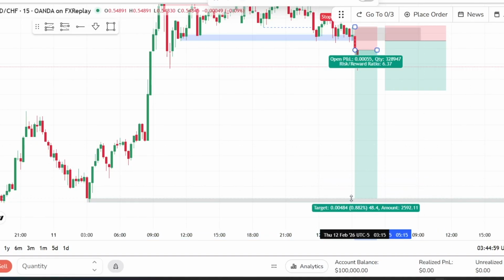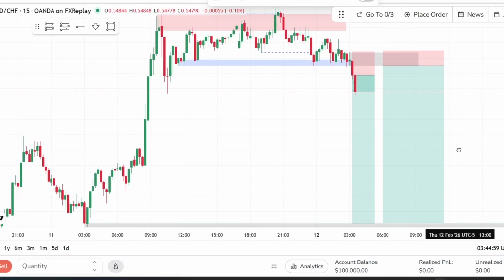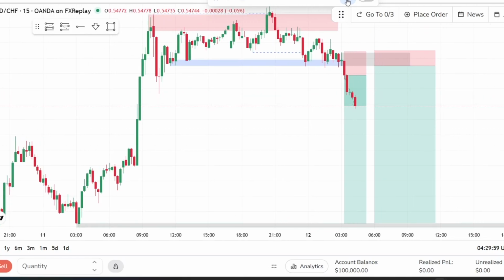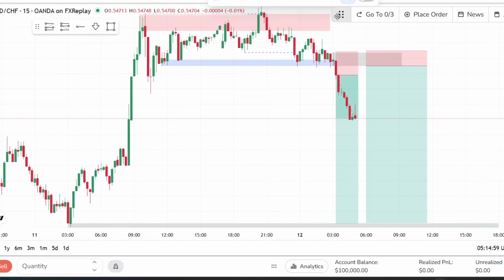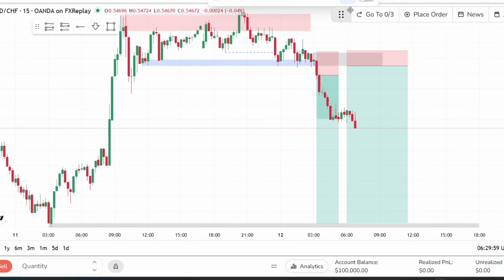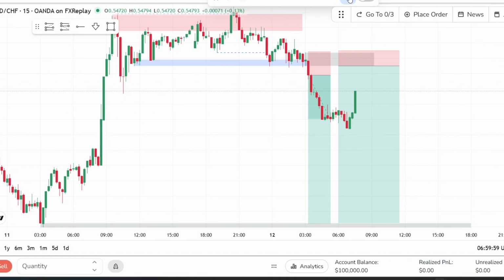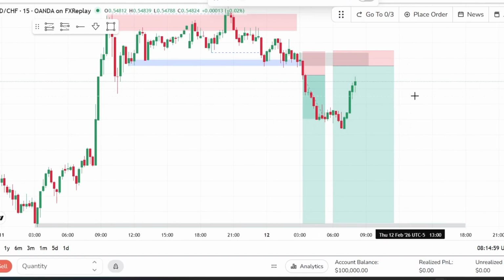Most of these traders would be happy to take this trade. Let's see how that plays out. This breakout trader would be at the moment in profit, while the person trading SMC is waiting for a retest.